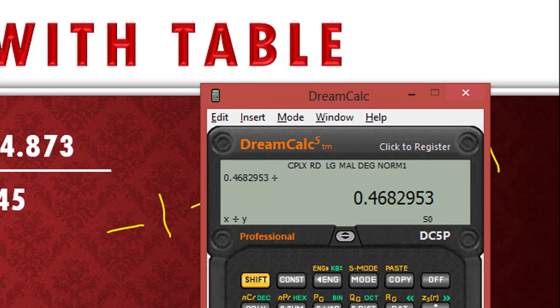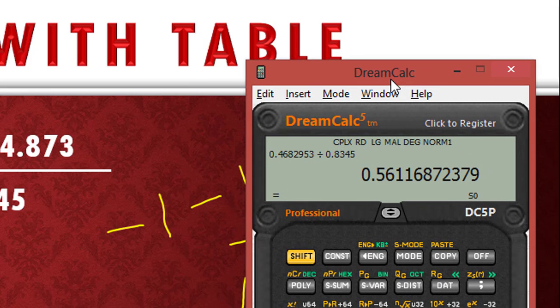Then press divided by 0.8345 and press equals to enter. Okay, now if you look at the answer we got, it is 0.5612 approximately, and it tallies with our answer. That means we are correct.